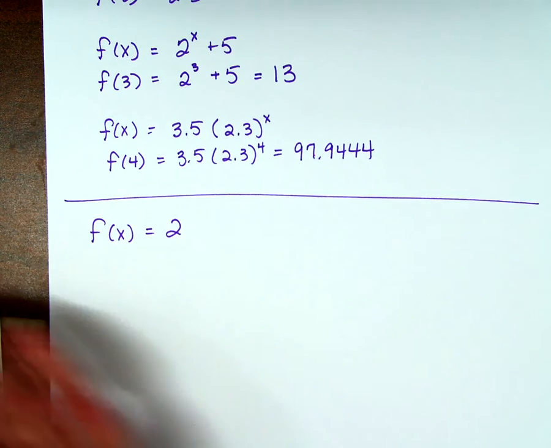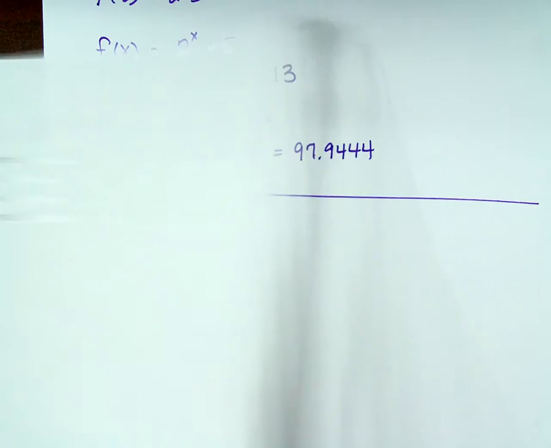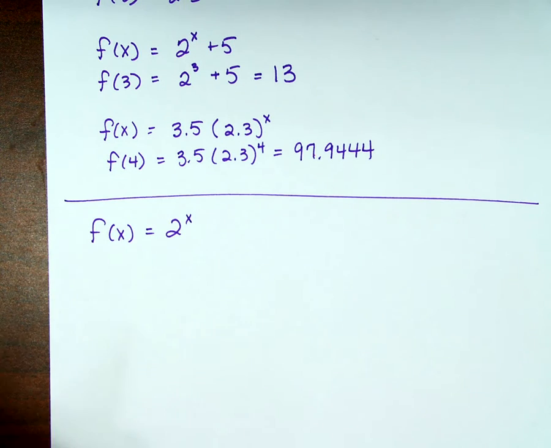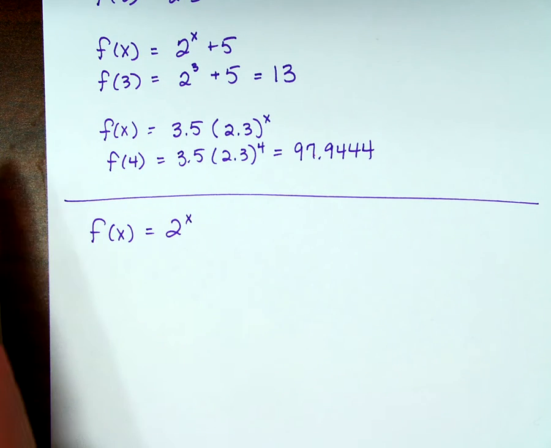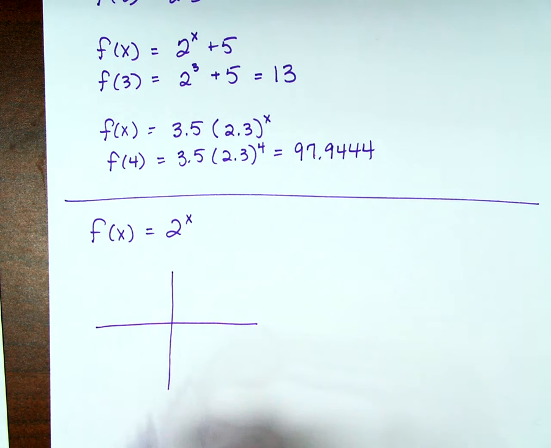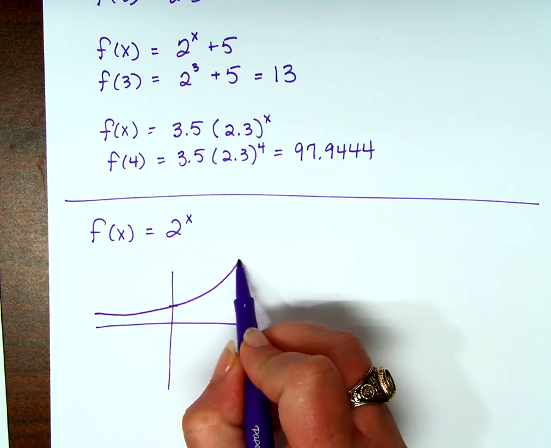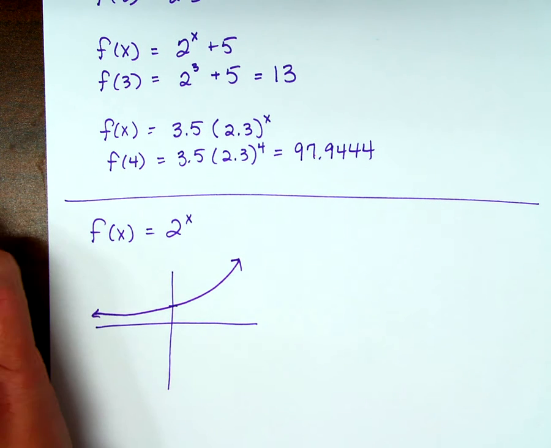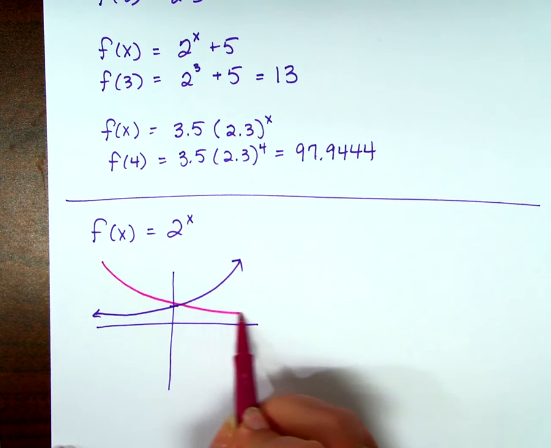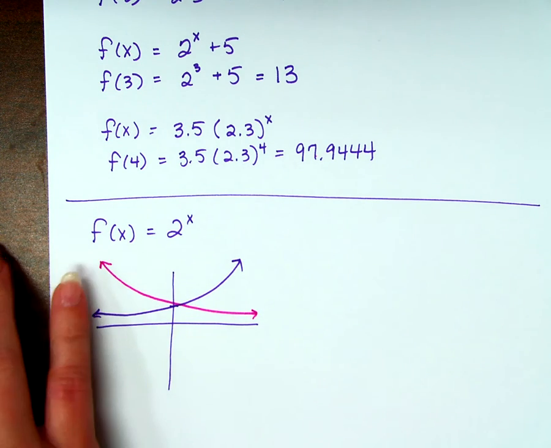Okay, so graphing exponential functions is our next objective. So 2 to the x power, what I need you to remember here is what it looks like, first of all. We got two examples here.